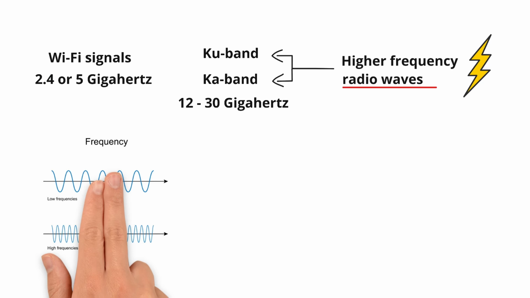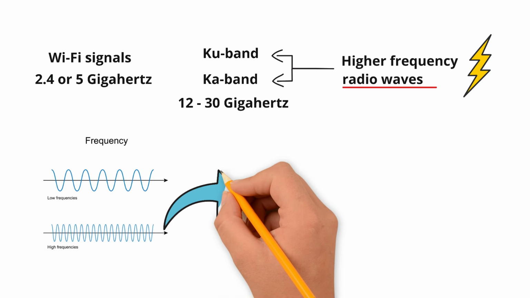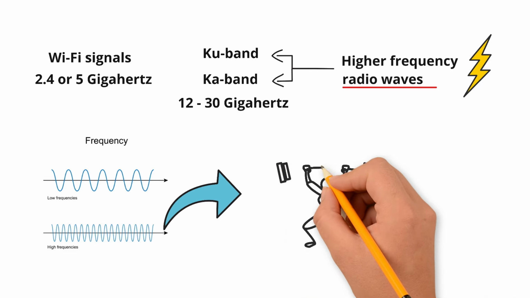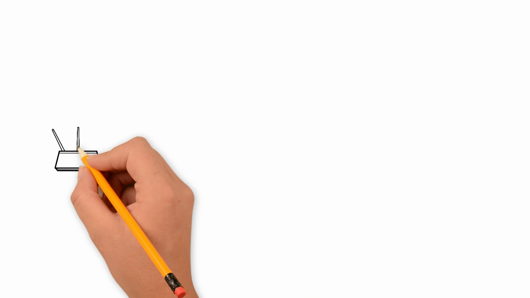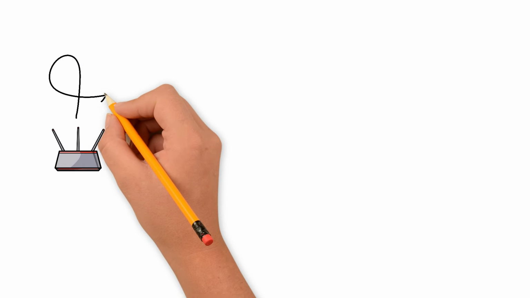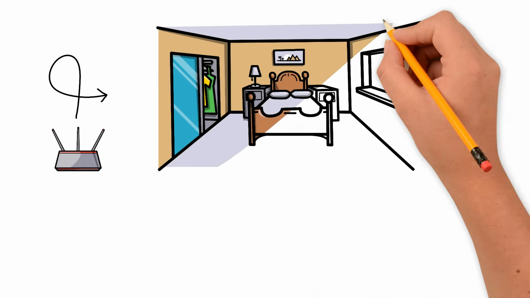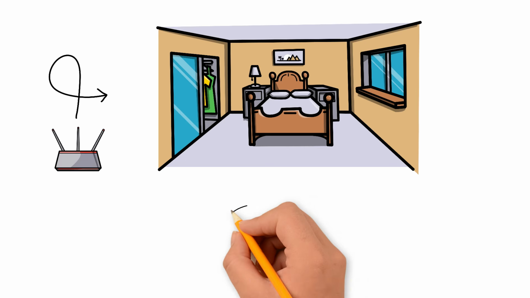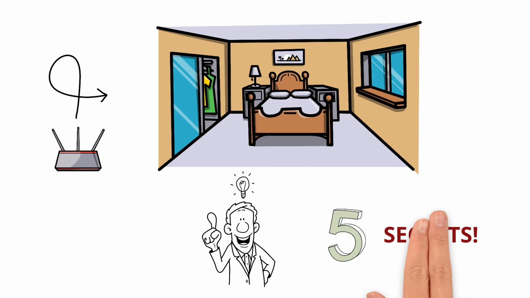Because satellite signals use higher frequencies and more focused beams, they can carry more data and travel much farther without losing strength. Wi-Fi, on the other hand, is designed for short distances, like inside your home, and quickly weakens through walls or over long ranges. Now that you know how it really works, let's uncover 5 mind-blowing secrets behind this space-powered technology.